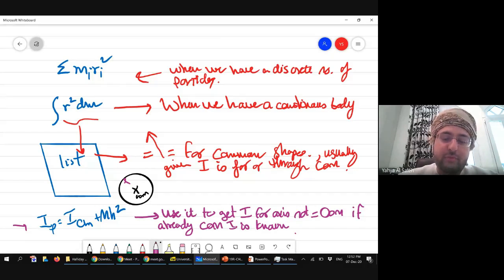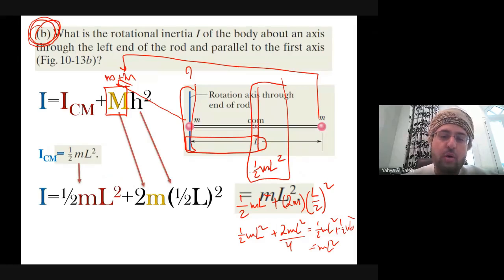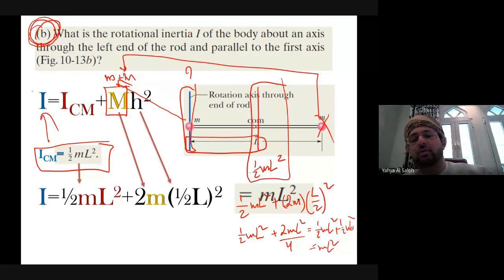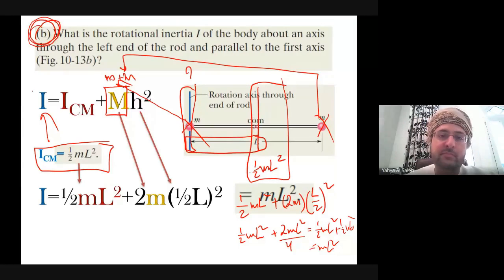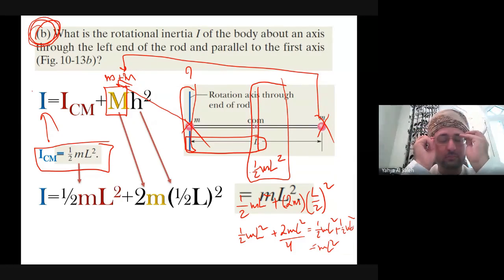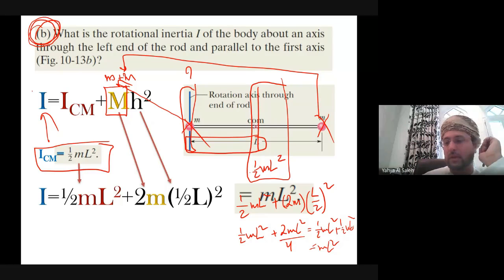So what we did for this question is we know from the table that for COM it's half ML squared. Then I use this rule and added MH squared to find what it is at the edge. Okay? Excellent.